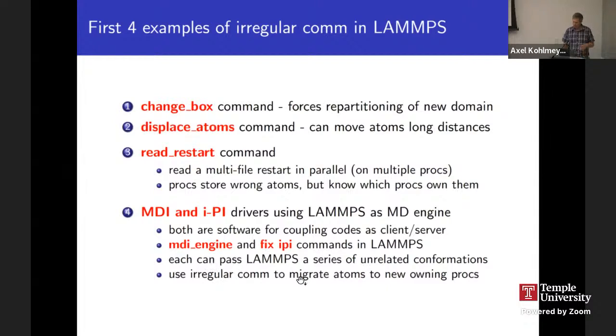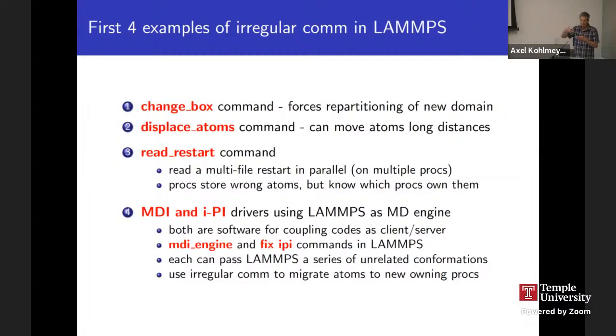There's also use cases where these other codes or these drivers pass LAMMPS a series of unrelated configurations of atoms. So in the MDI context, you might be doing machine learning training or analysis where you have a whole set of conformations and you want LAMMPS to use one of its force fields to compute energies and forces for all those conformations.